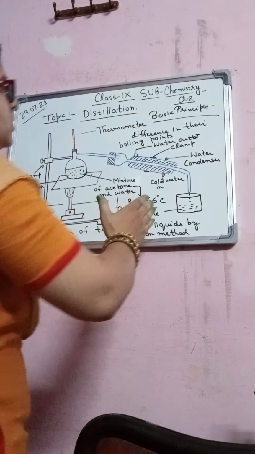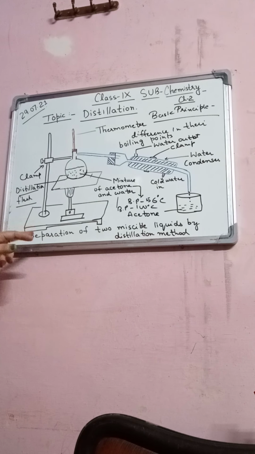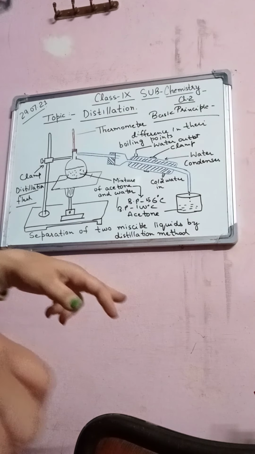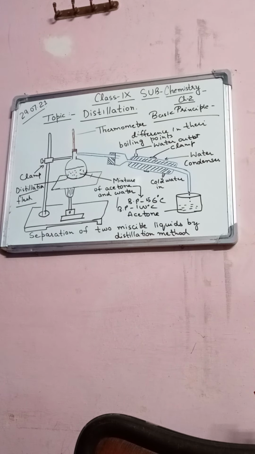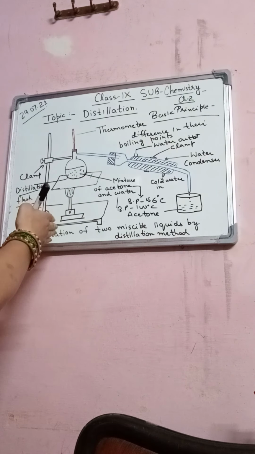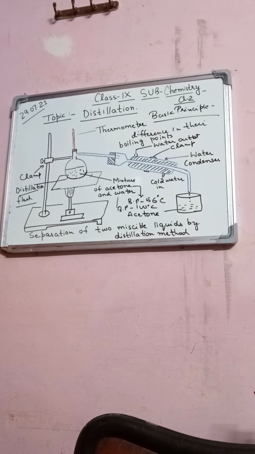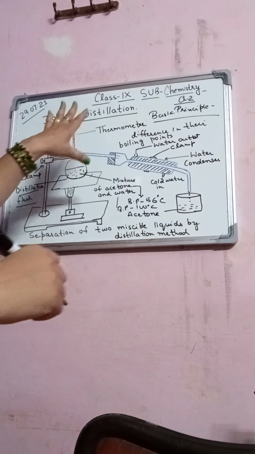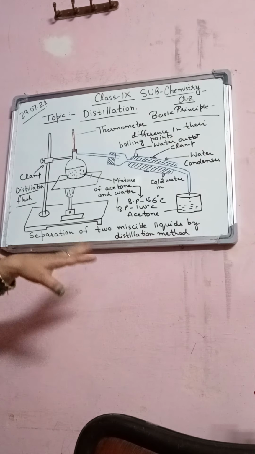You have to go through this experiment, the basic principle, how we arrange the apparatus, the work of the distillation flask, and which mixture we have taken. You can go through all these points that I have told you.